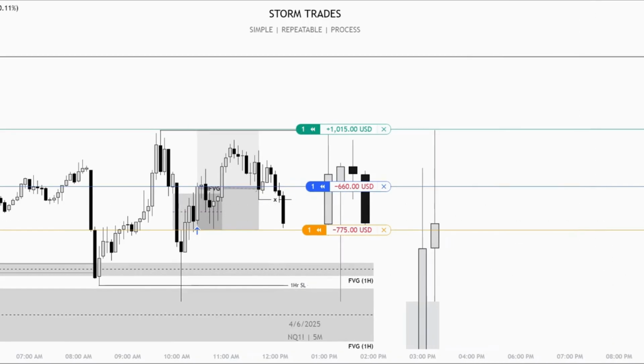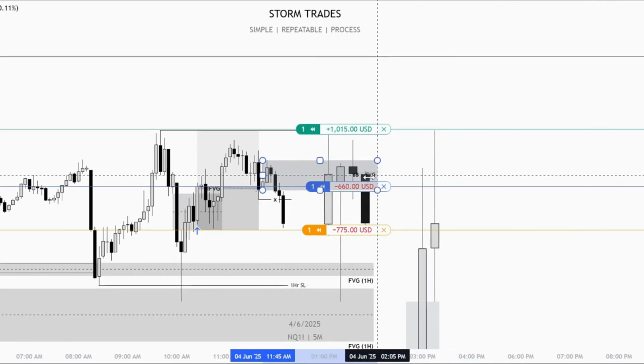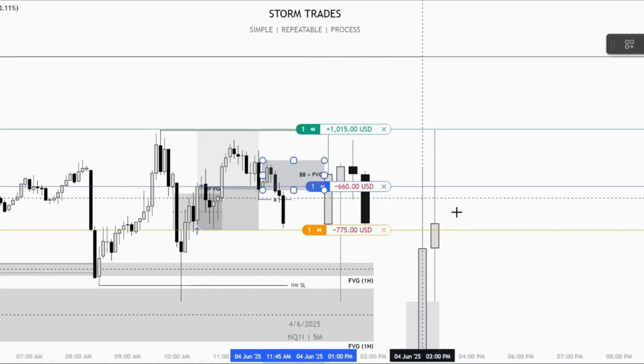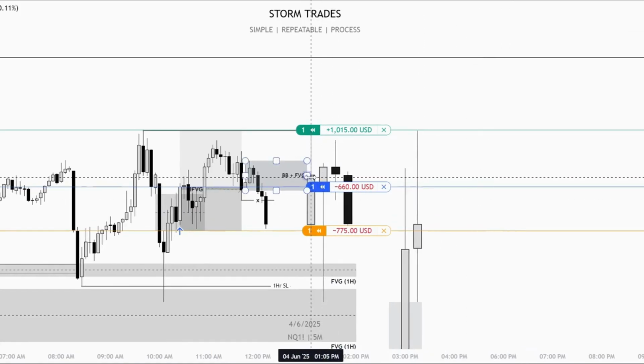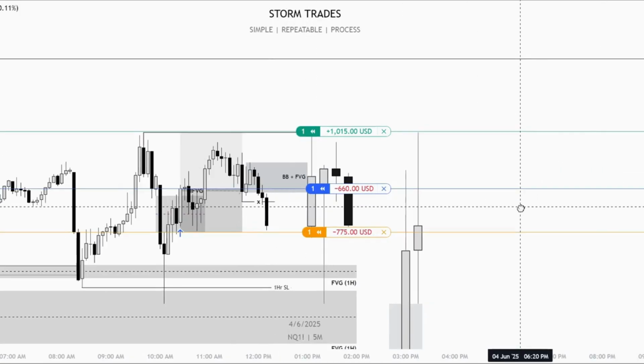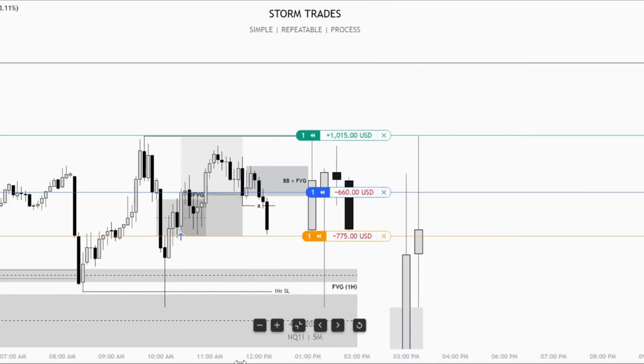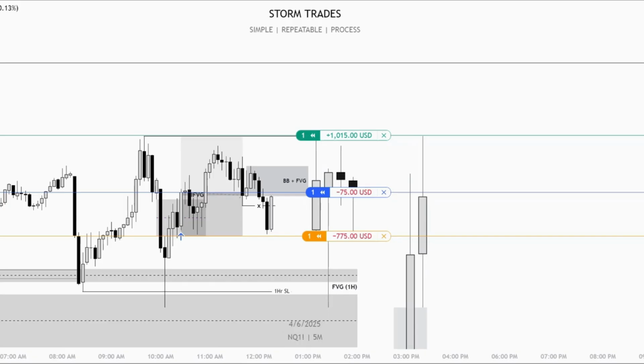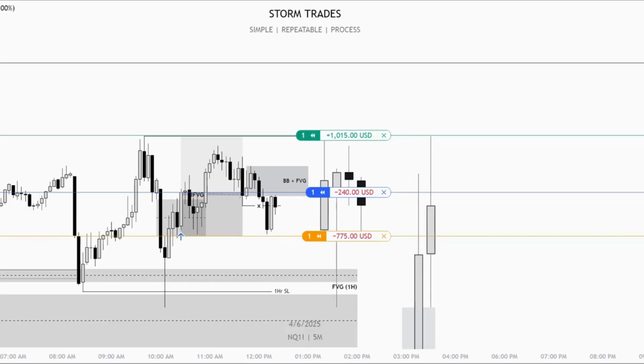But I wanted to take note that all we did here was take some liquidity. And I'll make note here that this would be a breaker block at this point. If we were to displace through this, I would be interested in adding size and reducing my risk. So let's see what happens here. We get some displacement back up.